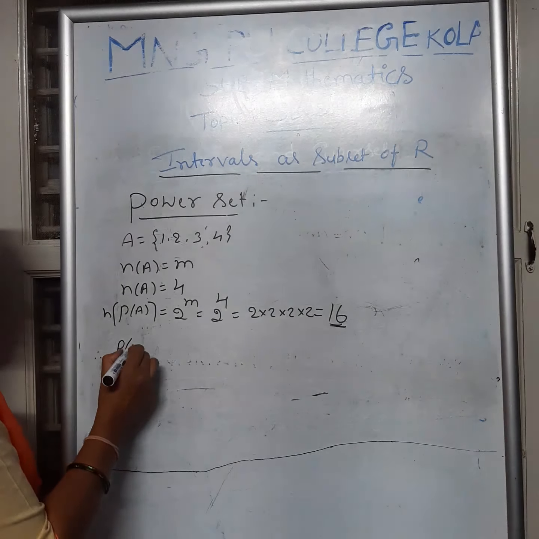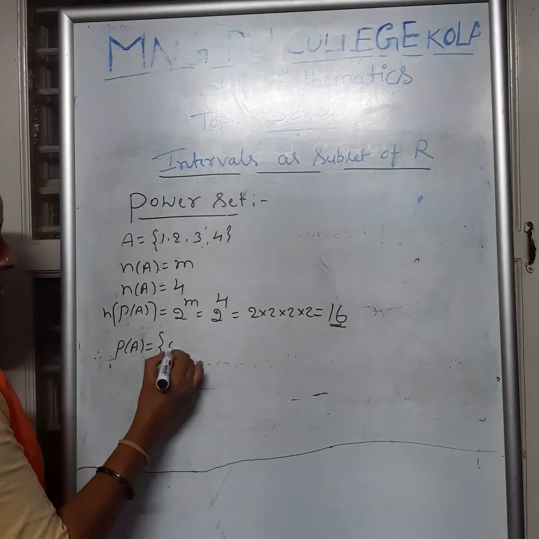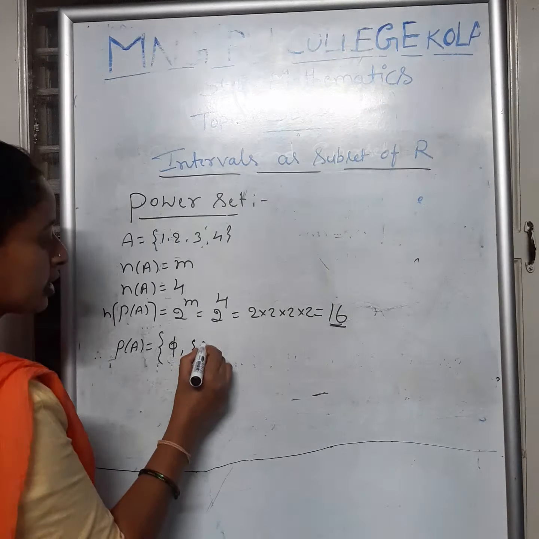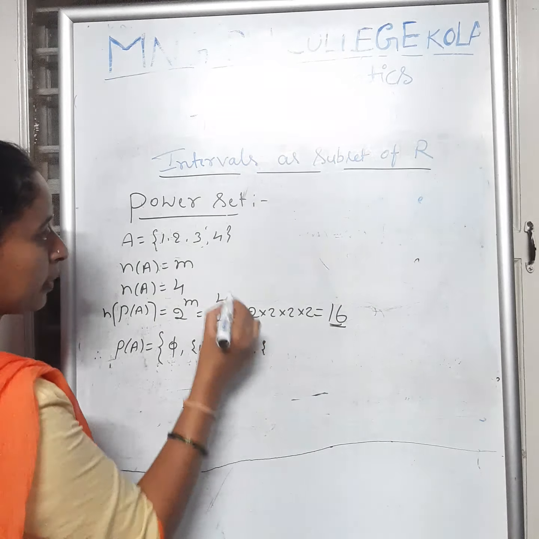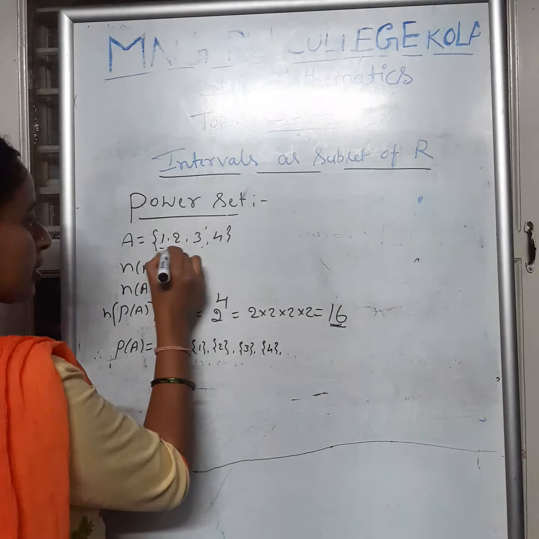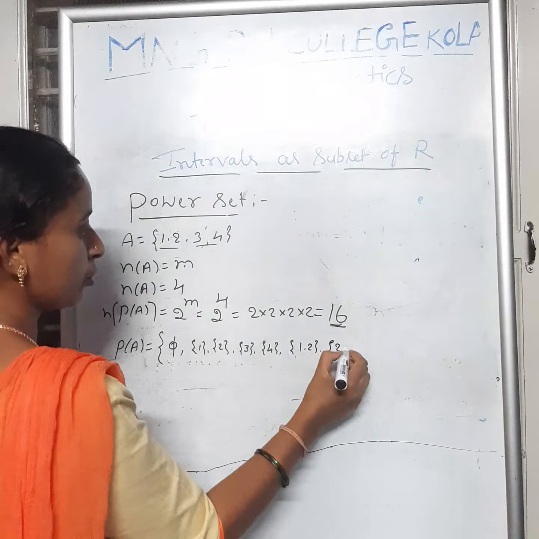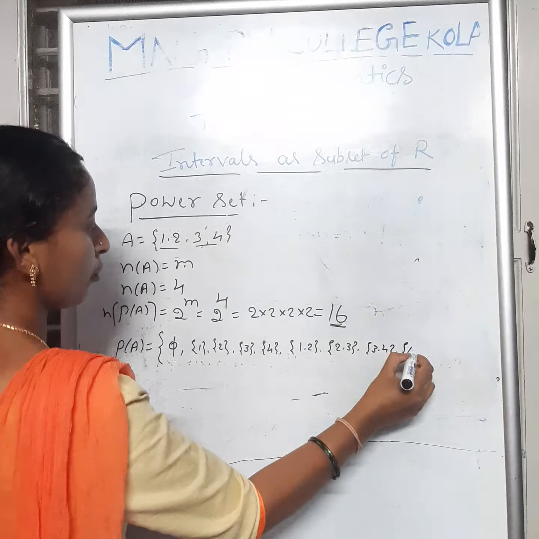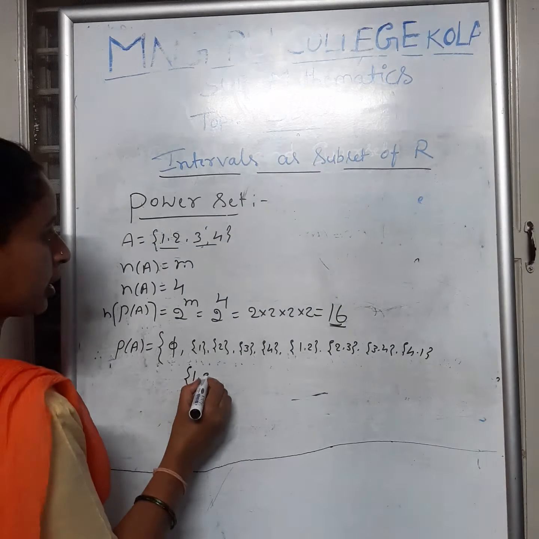To find out P of A, let's find out the subsets of A. The null set is always a subset of any set, and then the singleton sets. By taking each element, one subset is formed. Now the pair subsets: 1, 2, 2, 3, 3, 4 and 1, 4, 1 and 1, 3.